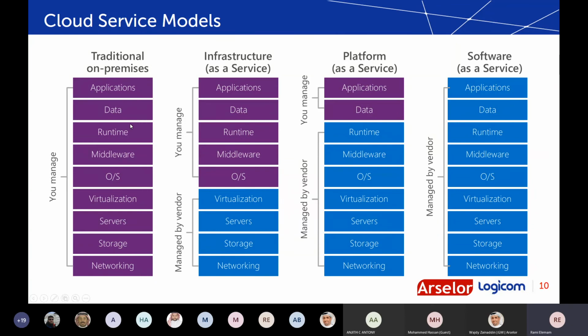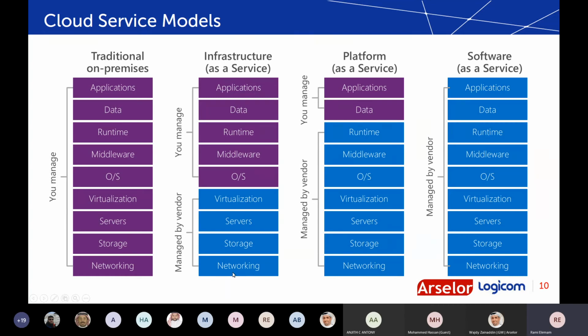If you have the on-premise, who will manage your on-premise? You have to manage everything. In infrastructure as a service, a good example is to have a virtual machine on Azure. With this virtual machine, you will manage some layers, and Microsoft or the vendor will manage the other layers.